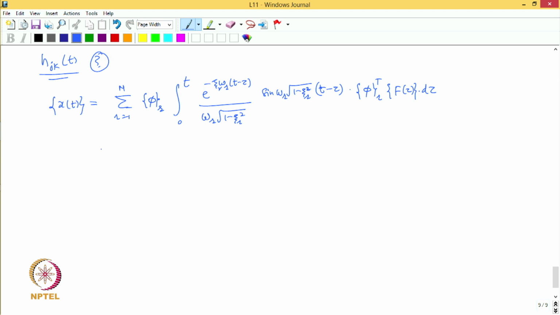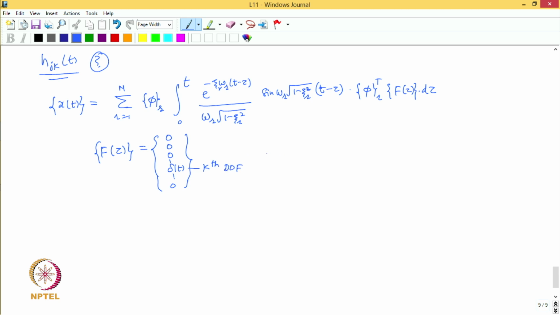Now, in our case, to find H_jk(t), we can define the force vector f(tau) as all zeros except the force at the kth degree of freedom, applied like a delta function so that it results in a unit impulse. This is the kth degree of freedom.